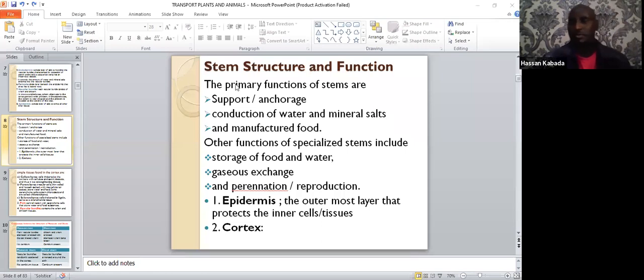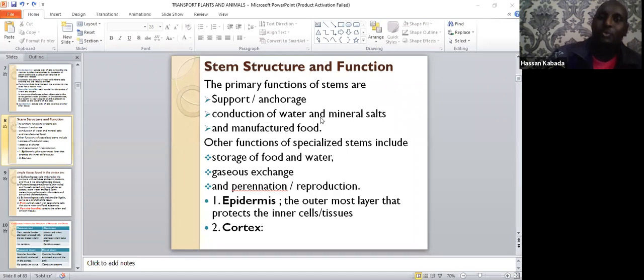We also said support is required so that the plant can carry its own weight, and this is through the stem. Of course, the stem has some structures within them, those strengthening tissues. The parenchyma, collenchyma, the xylem itself is a support mechanism. So all these combined will ensure that the stem provides support to the plant, especially mechanical support.